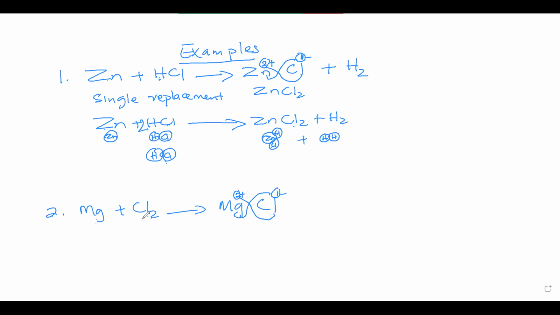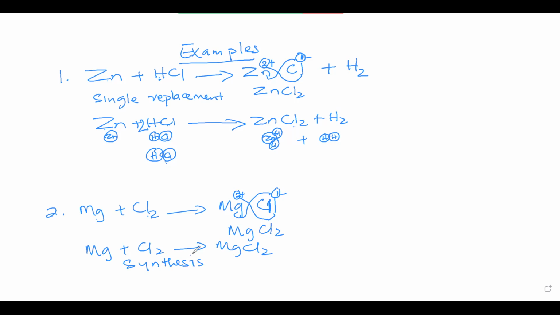You can't just say MG, though for this one, if you do that it will come out, but that's not correct. So you will end up with this: magnesium plus this. This is a synthesis or combination reaction.